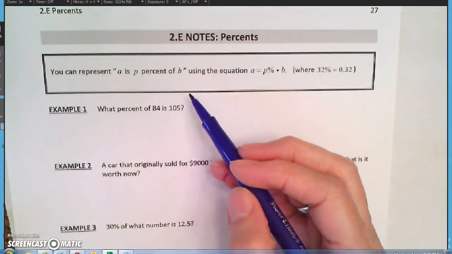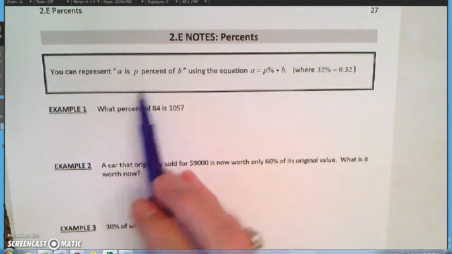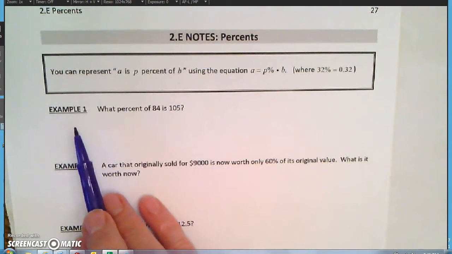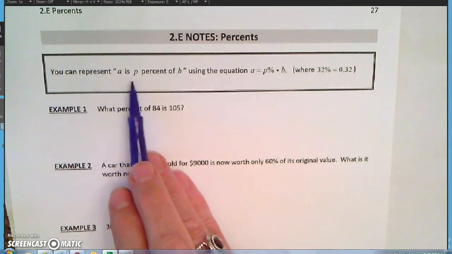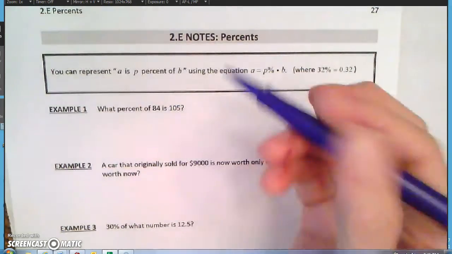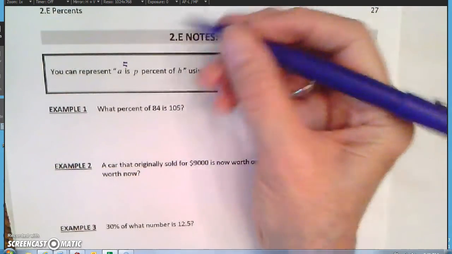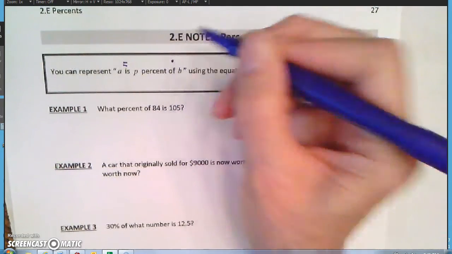We often might find it helpful to rewrite statements that include the word percent algebraically. So, for example, if we have A is P% of B, we're going to rewrite it, remembering that "is" always indicates equals, "of" is times.